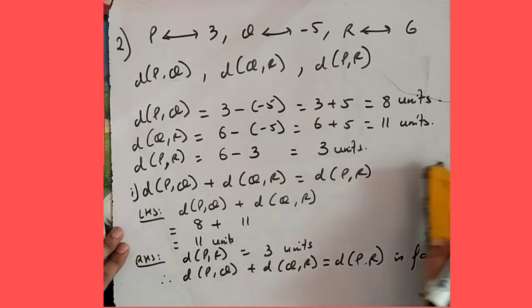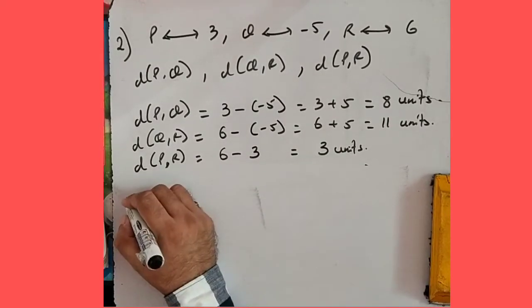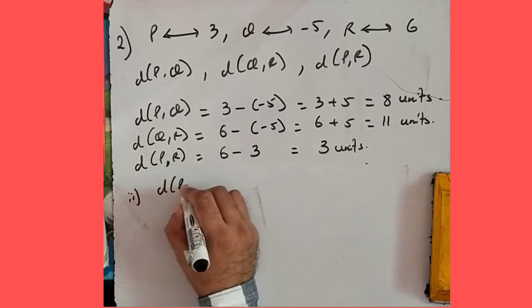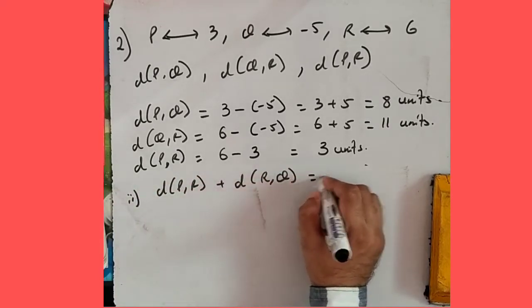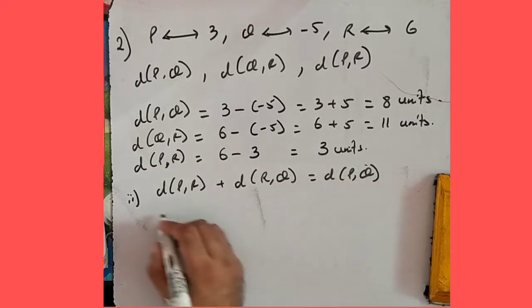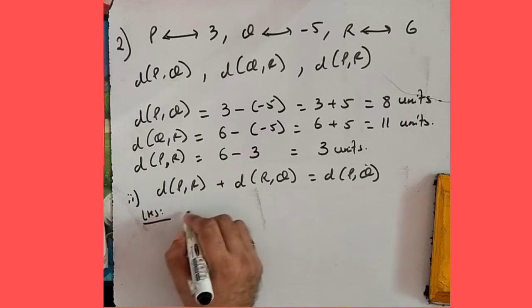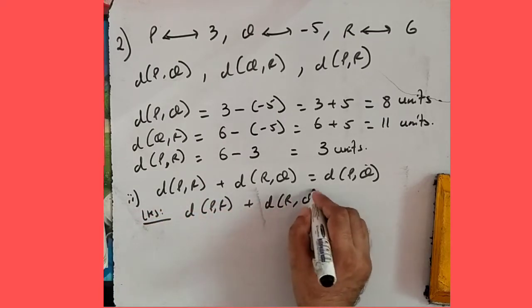Now the second statement. We have to check whether distance PR plus distance RQ is equal to distance PQ is true or false. Take LHS, distance PR plus distance RQ.